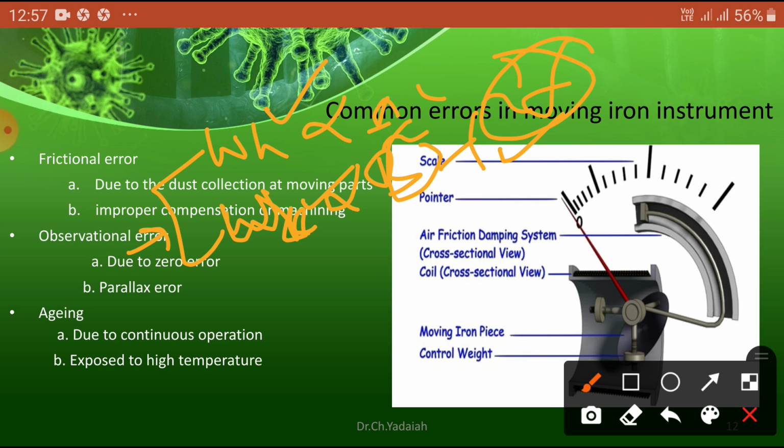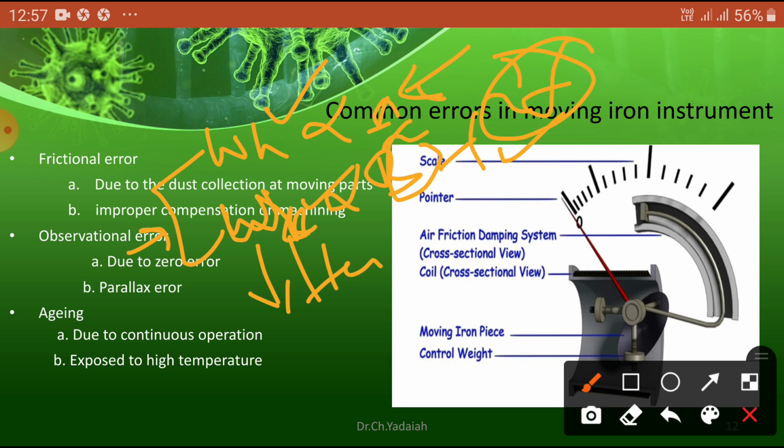Due to the eddy current, the system will heat up. With hysteresis losses, more current will be drawn to produce the same magnetic field, which leads to changes in the deflecting torque. The eddy current effect is more in AC operation.